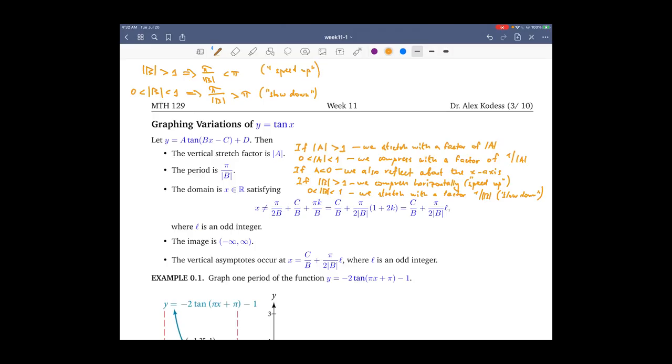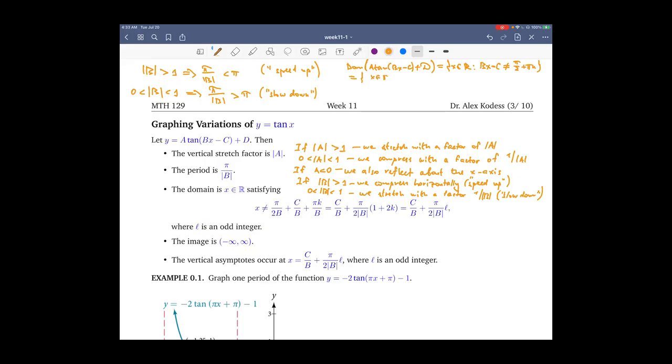Now the domain. Let's understand what this is. What is the domain of this function, a tangent of bx minus c, plus d? It is all the real numbers except where the argument of tangent equals pi over 2 plus an integer multiple of pi.